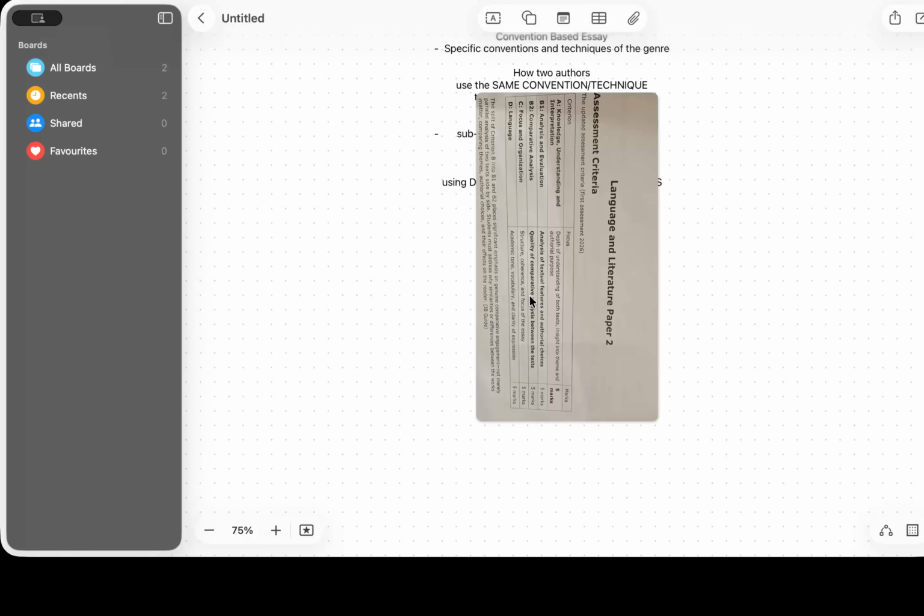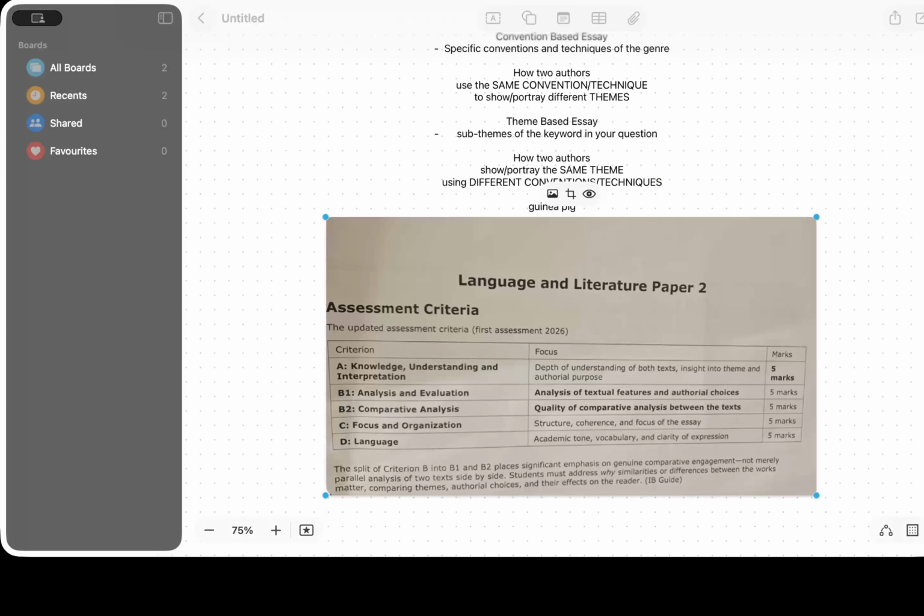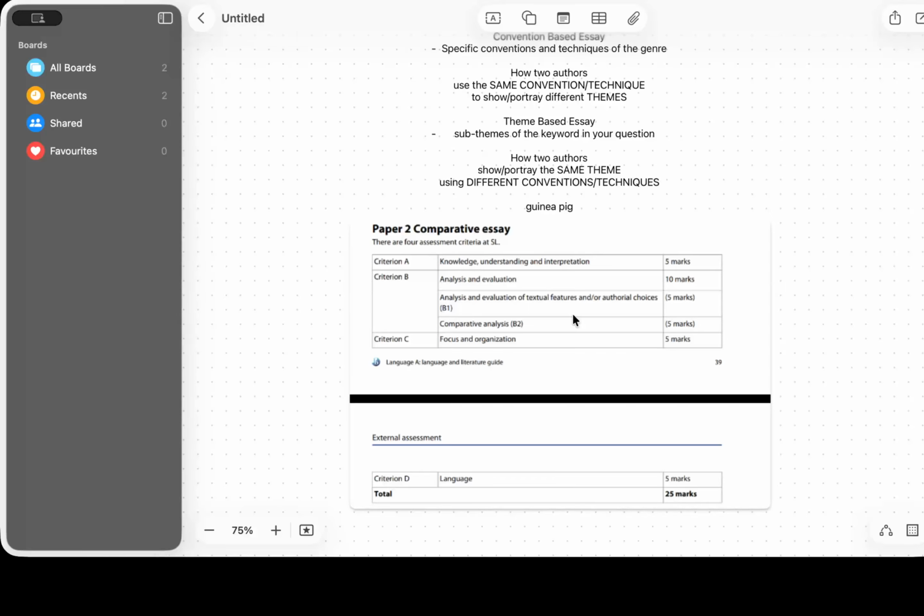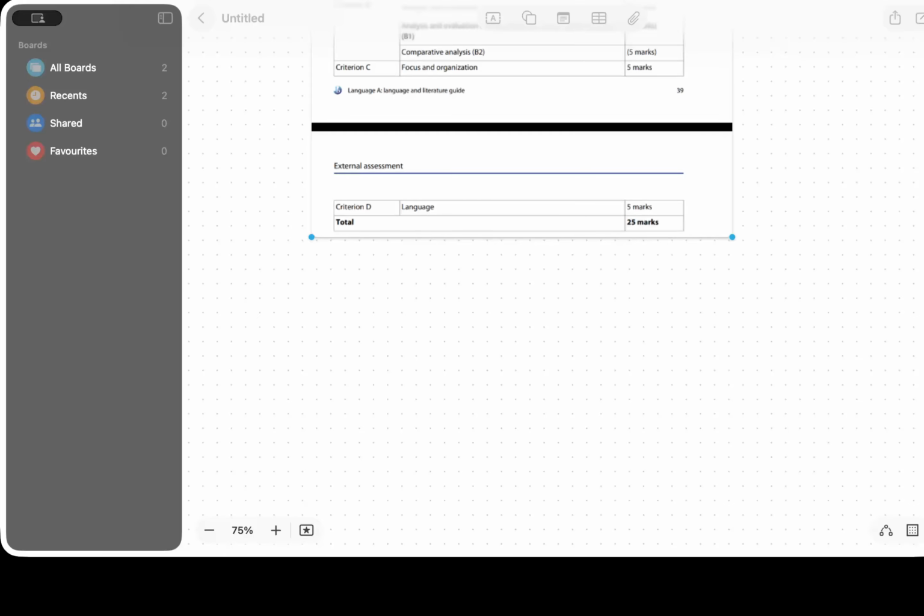You guys are amazing, actually, in the chat. Okay, let me change that. Yes. These are your new criteria, and this is the criteria breakdown for B2, which is where the and or comparison comes in.